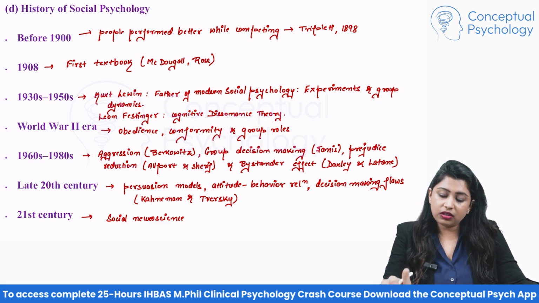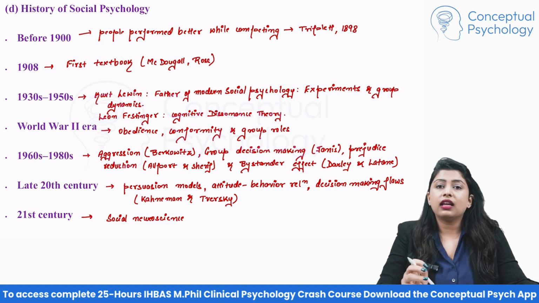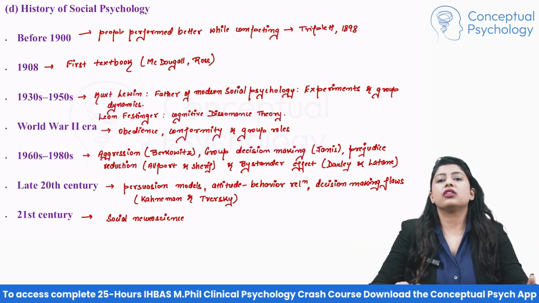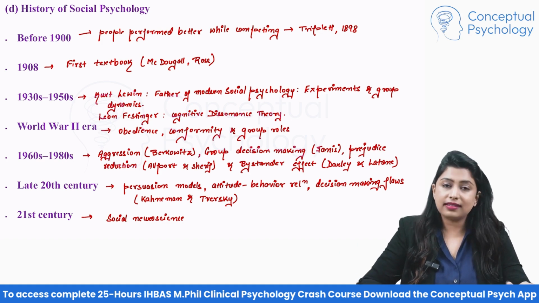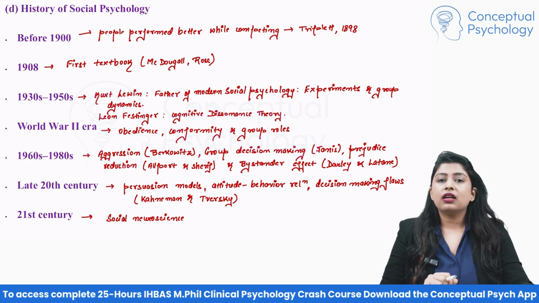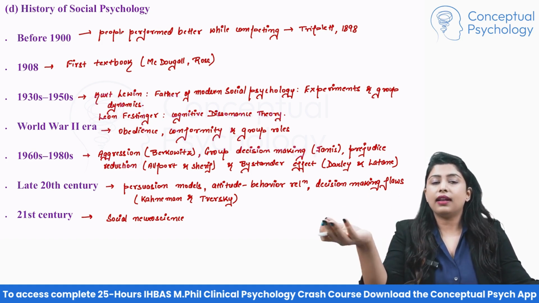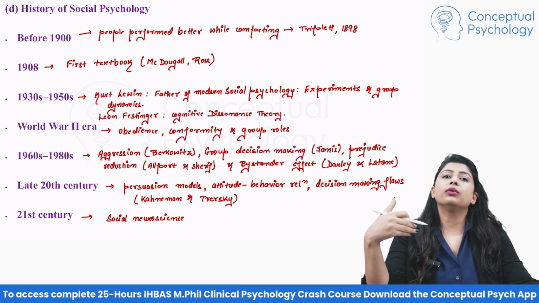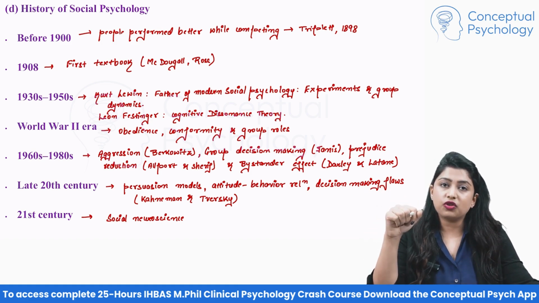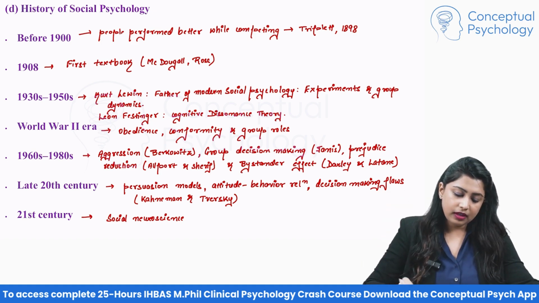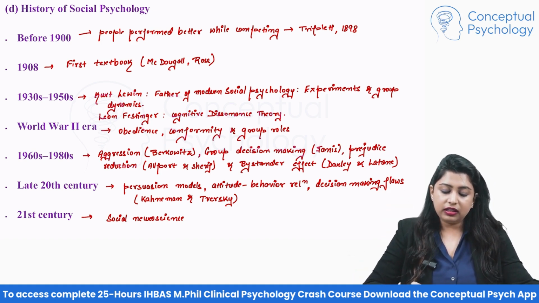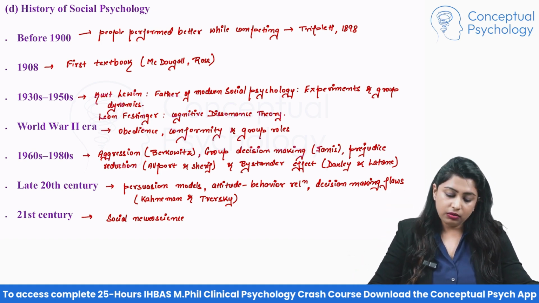Then talking about Darley and Latané, they explained why sometimes nobody helps in emergencies, which is the bystander effect. Everyone thinks that someone else will act, reducing our own responsibility in the situation. I hope it's clear and easy to recall by now.